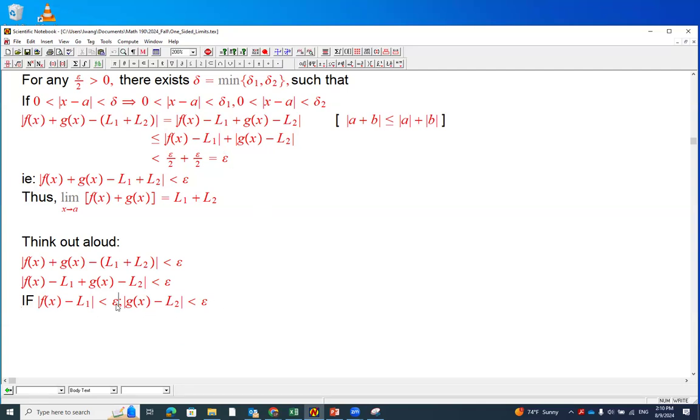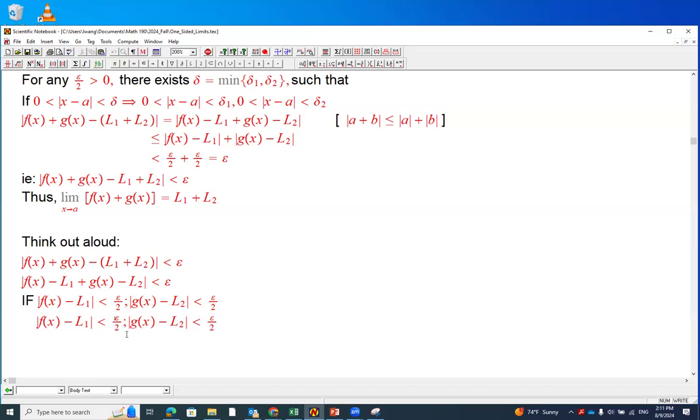Okay, so from this point, we decide to make this half epsilon. Or, as we said earlier, there are many such ways to work it out.